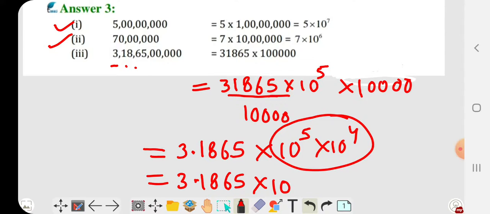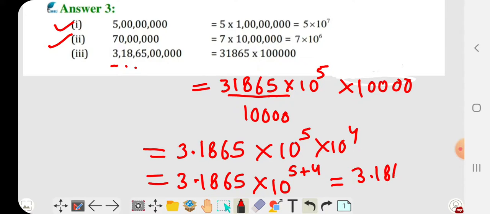If bases are the same, powers will be added. Means it will be 3.1865 into 10 to the power 9.